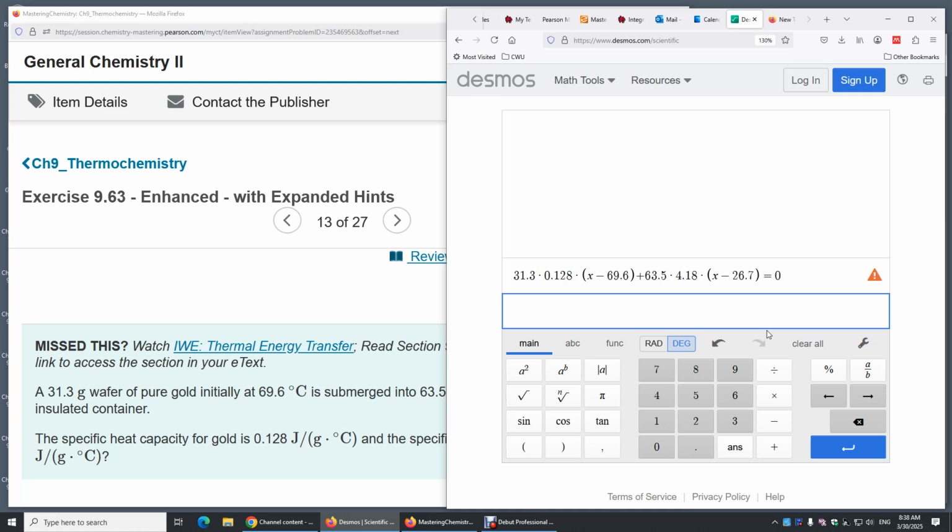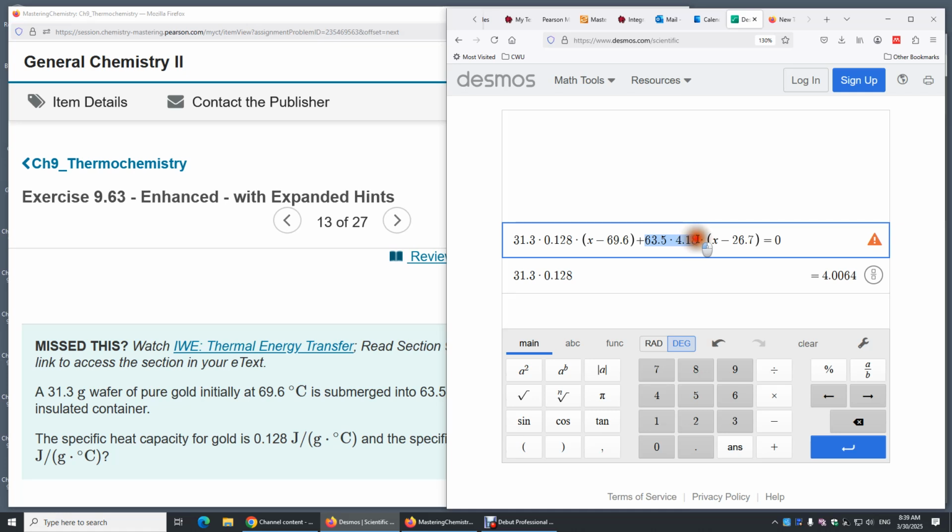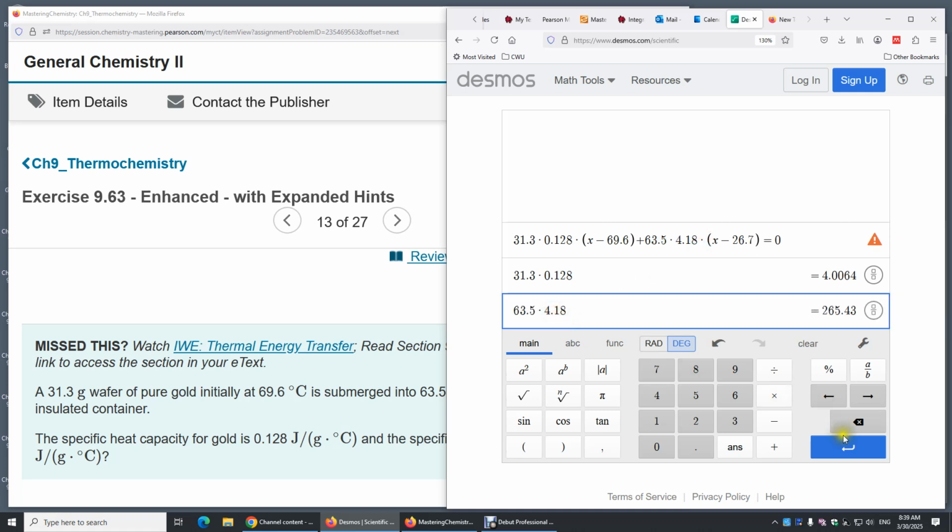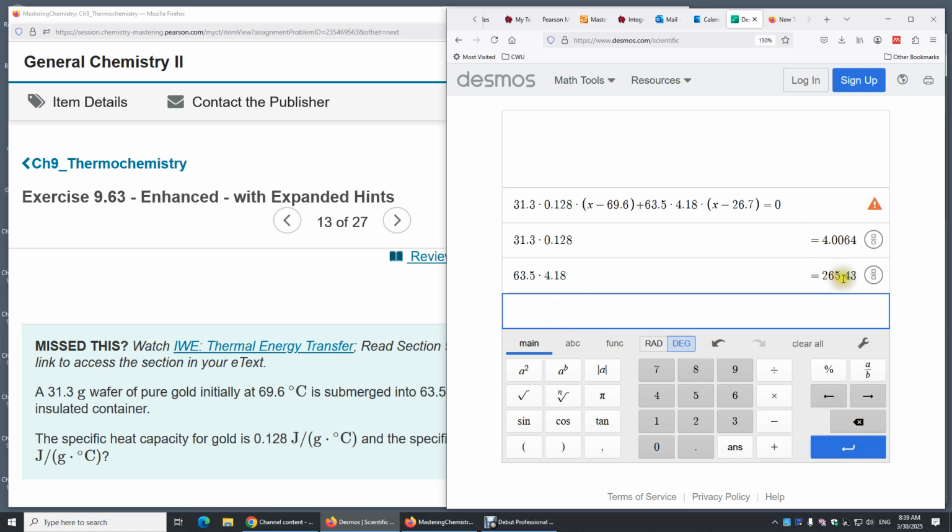Alright, so what we will do is this multiplication here. I want to show you step by step. It's 4.0064, and I'm going to compute this. Oh, 265.